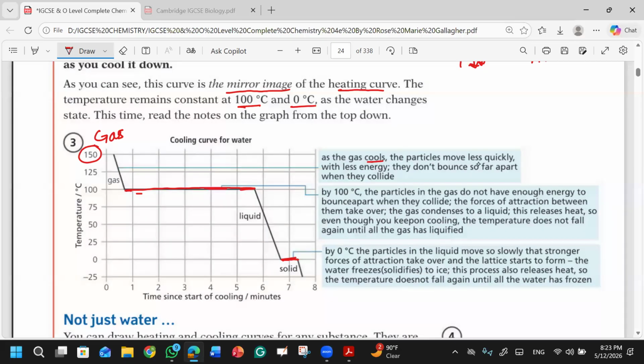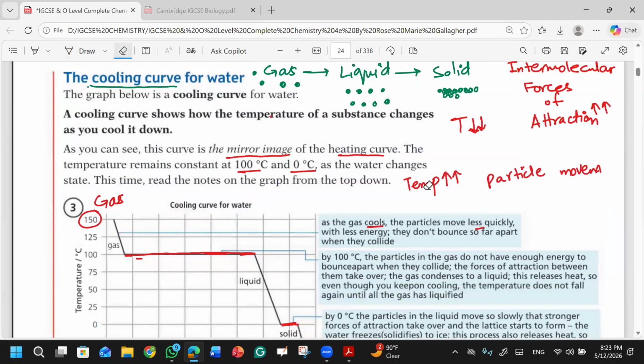The particles' motion will decrease, right? Because in the heating curve, we discussed that when we increase the temperature, the particles' movement increases, right? You remember in the heating curve, we discussed it. The kinetic energy increases.